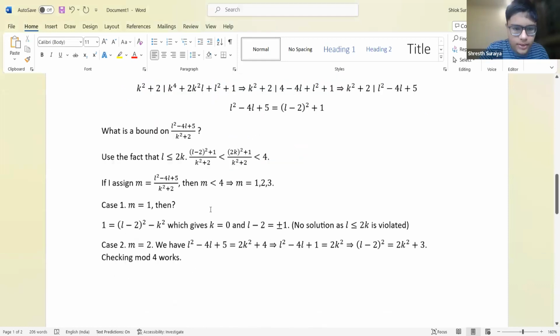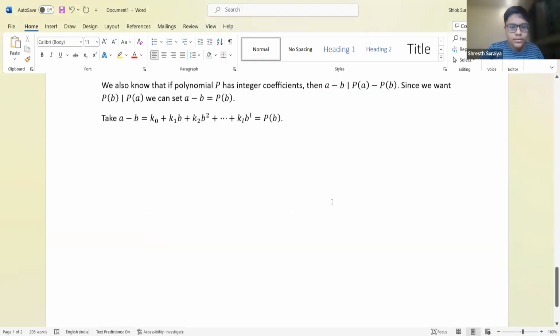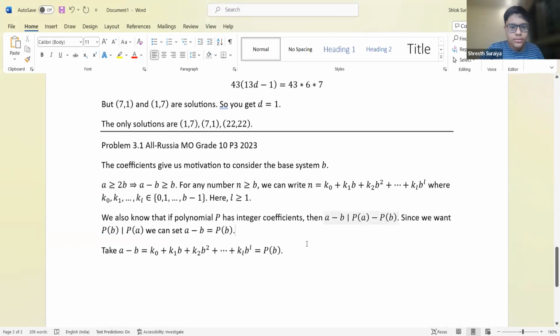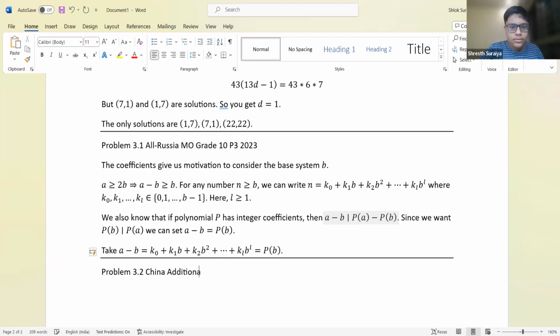It's a very small hint, but it is sufficient to complete the problem. Just don't get scared because it's China TST, because it's not actually very tough. It's doable, you can think about it. Actually, it was a China additional TST. That's what was written on the forum.